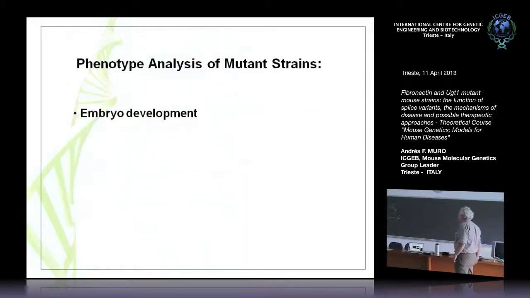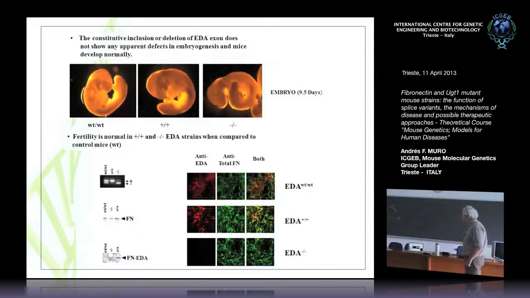So the first thing we did was to study development. We saw that there was no difference in embryonic development, and this was important because I mentioned before that full deletion of the EDA gene resulted in embryonic lethality. This is the extracellular matrix of mouse embryonic fibroblasts, in which you can see no apparent difference in the composition, except when you stain with an anti-EDA antibody.